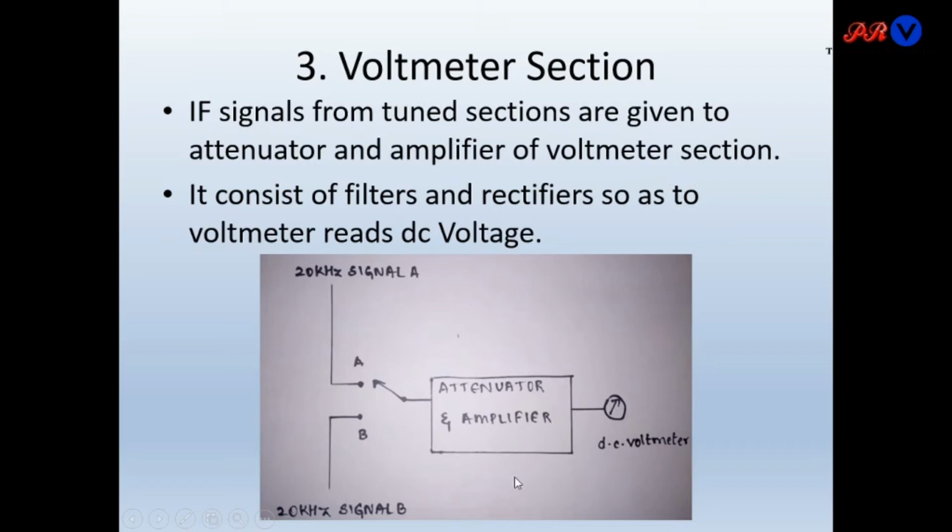This is the attenuator and amplifier of the voltmeter section. Basically it consists of some filters and some rectifiers so that the voltmeter reads DC voltage, and this input can be either switched to A or switched to B, means both the signals can be measured with this DC voltmeter.